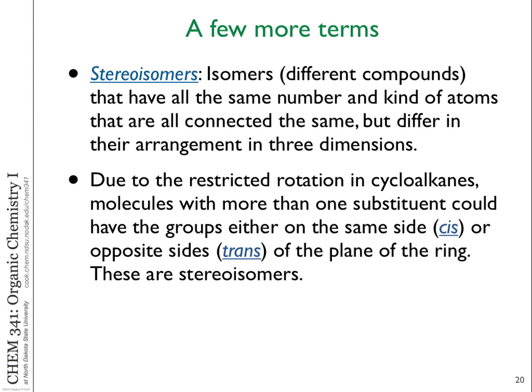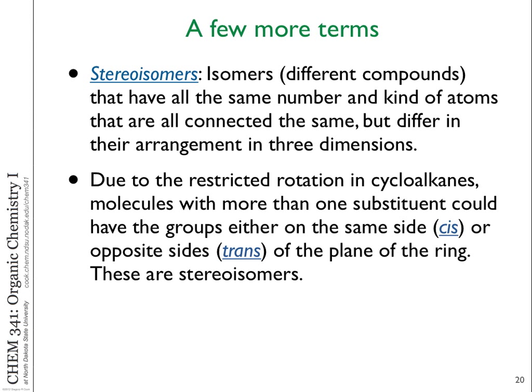One more thing I want to talk about with regards to ring structures is that if we have more than one group on the ring, now we have another situation where we have different kinds of isomers for a molecule. And it's different than the types of isomers we talked about before.